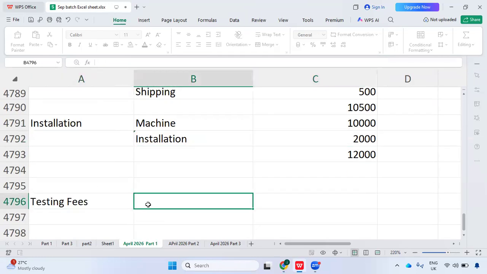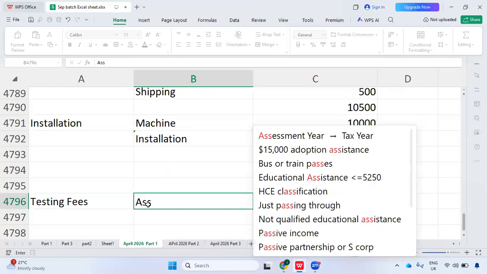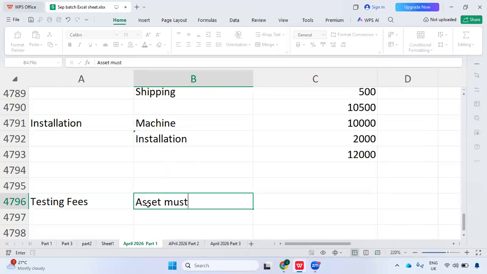Until we use the property, until we bring the asset into a normal state to use, whatever expenses we pay will be added to the basis.